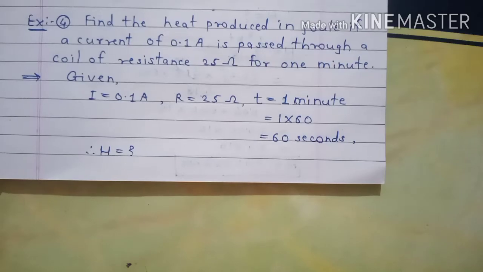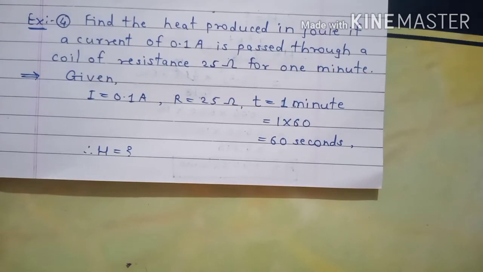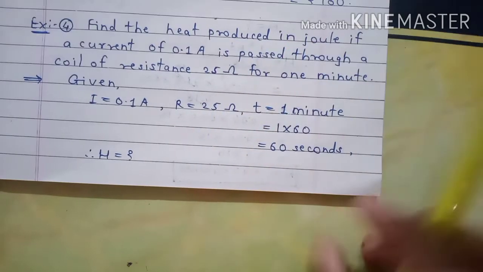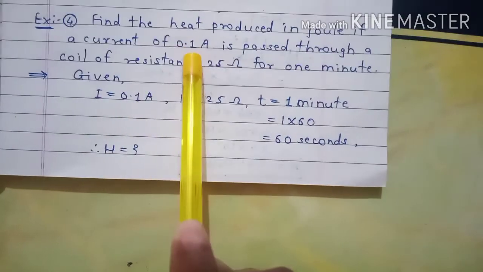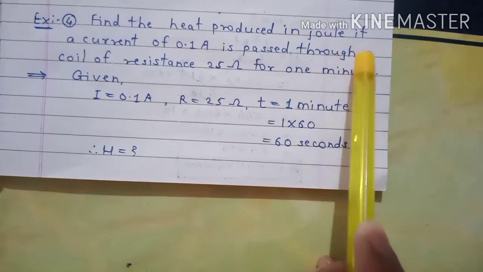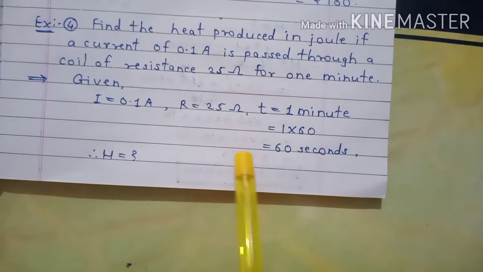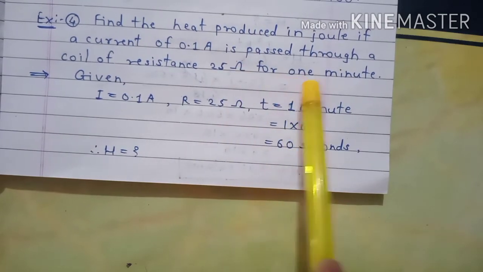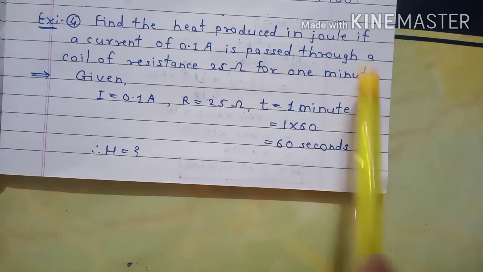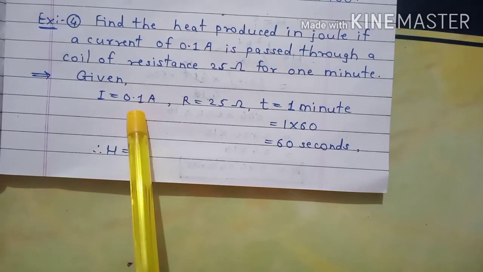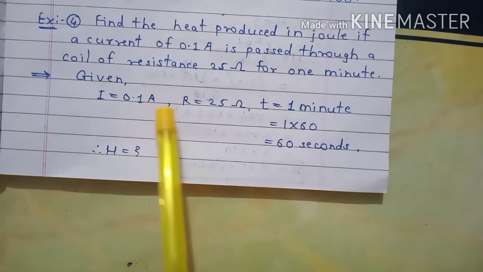Now let us see the fourth example. Find the heat produced in joule if a current of 0.1 ampere is passed through a coil of resistance 25 ohm for 1 minute. So here the given things are current I is equal to 0.1 ampere.